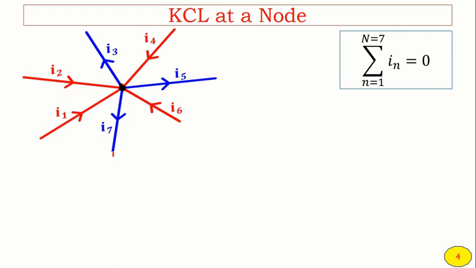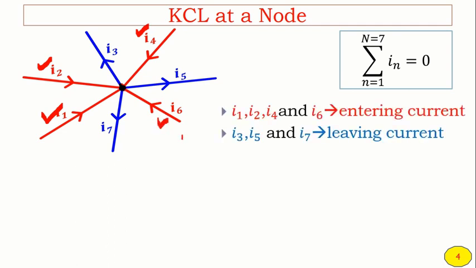If you see in this figure, the currents I1, I2, I4 and I6 are entering currents and I3, I5 and I7 are leaving currents. So let's assume entering current as positive and leaving current as negative.